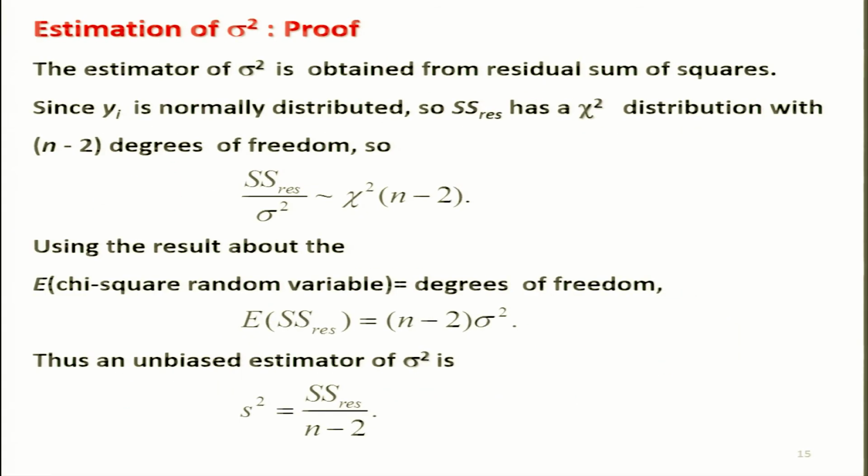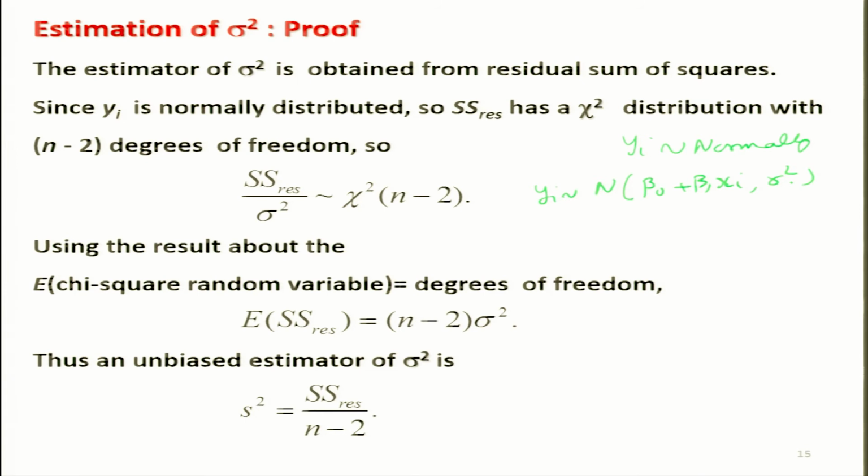Okay. Now, we can obtain the estimate of sigma square using this SS res. You can see that SS res is a function of the yi's, and now we assume that the yi's are normally distributed, with mean beta 0 plus beta 1 xi and variance sigma square.